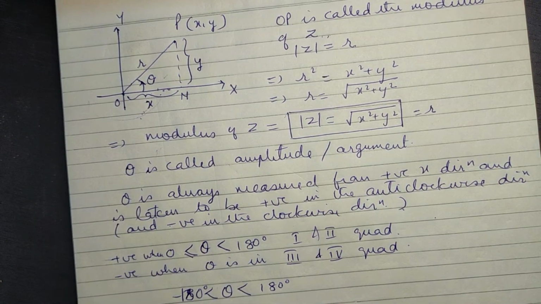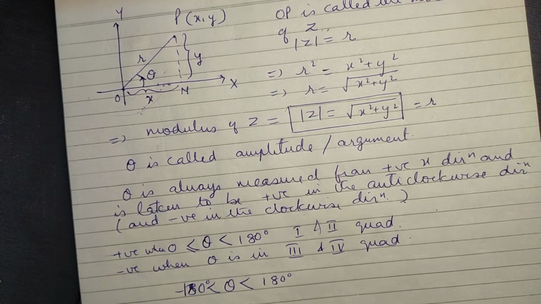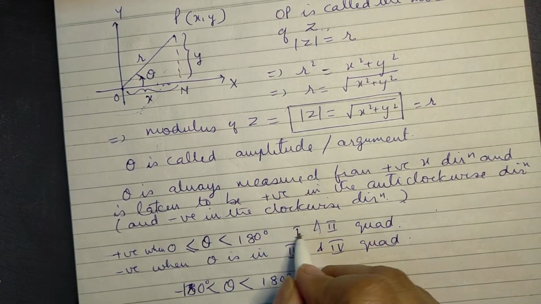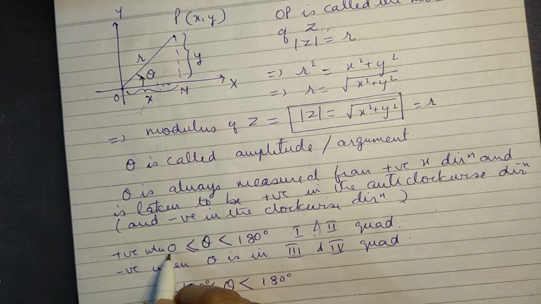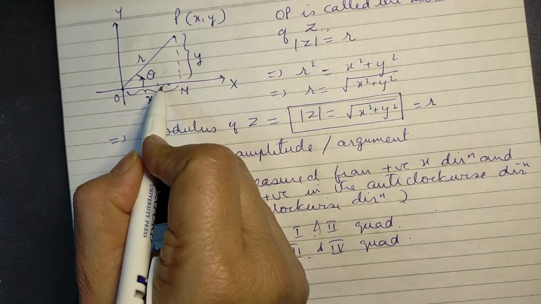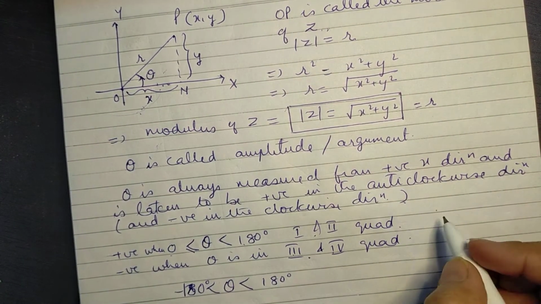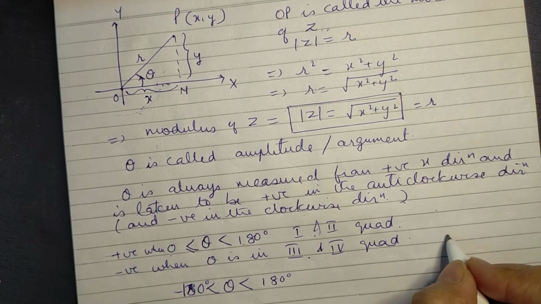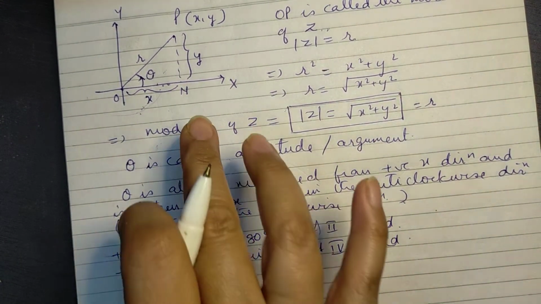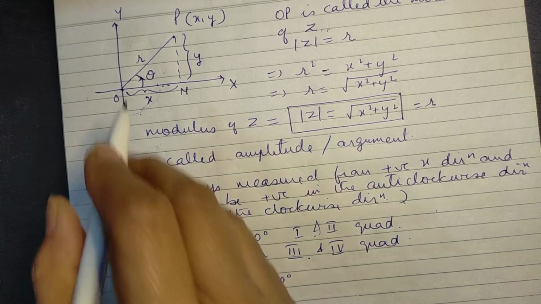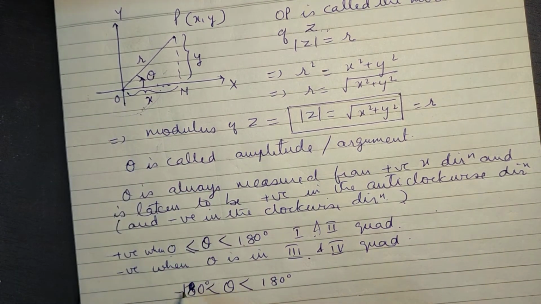So in the first and second quadrants, we'll be writing it between 0 and 180, and in the third and fourth quadrants it will be between 0 and minus 180 degrees. That we'll see when we actually write the question. Along the negative x-axis the angle is minus 180 degrees.